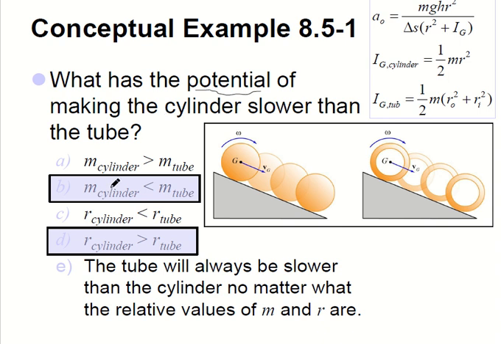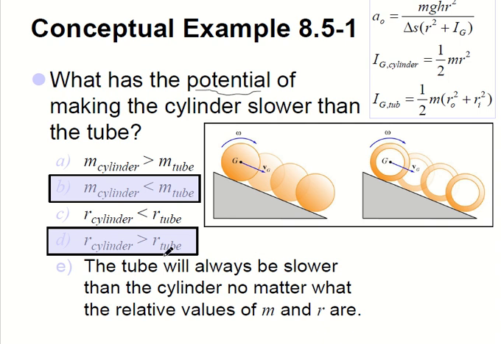So if you are able to make the mass of the tube less than the cylinder, or if you are able to make the r of the tube, which is the radius of the tube, greater than the cylinder, then you have potential to make the cylinder slower than the tube. That's what it said, yeah.